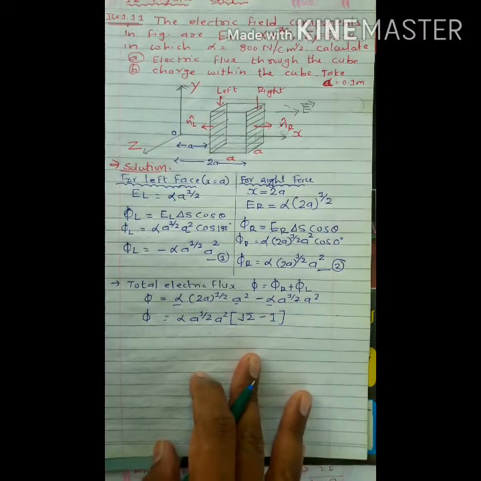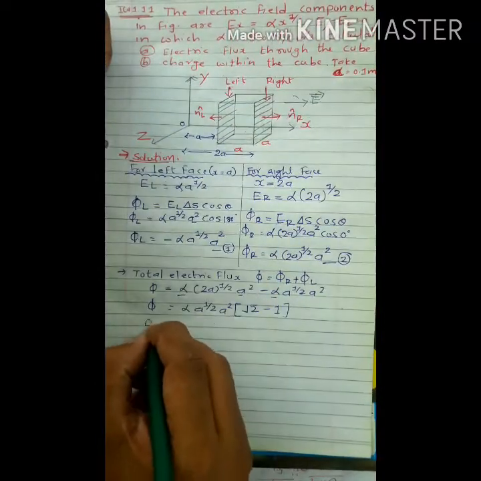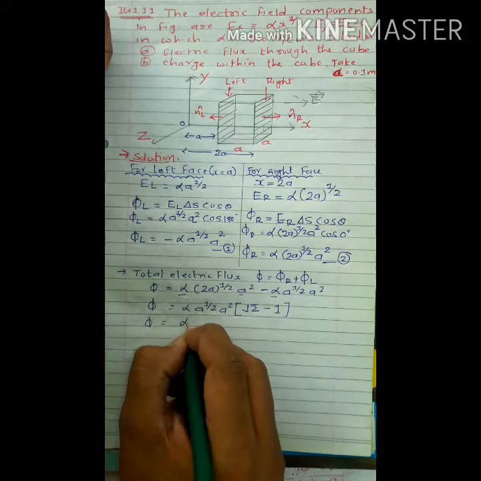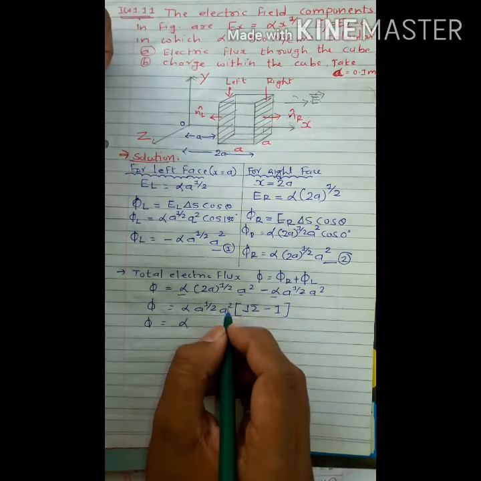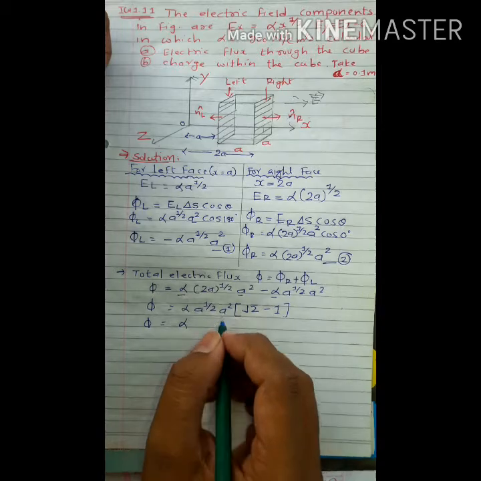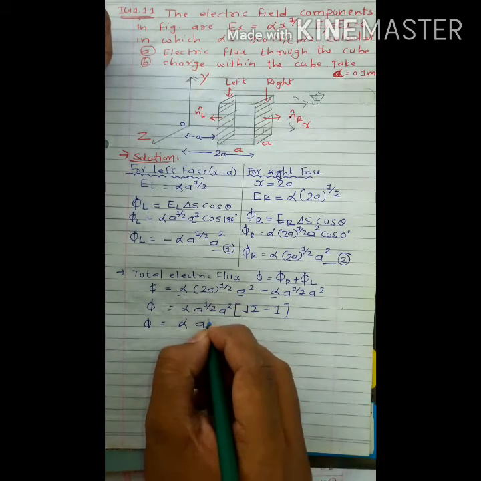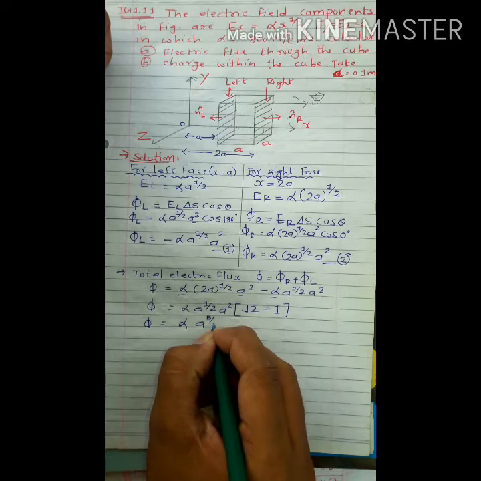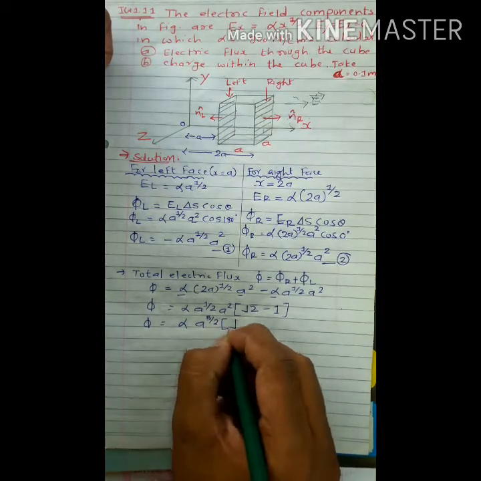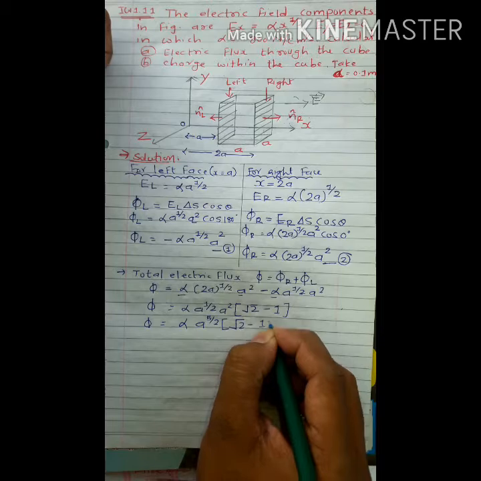Now try to solve this term. So phi is equal to alpha a raised to 1 by 2 and a square. Taking the LCM, it becomes alpha a raised to 5 by 2 into (square root of 2 minus 1).